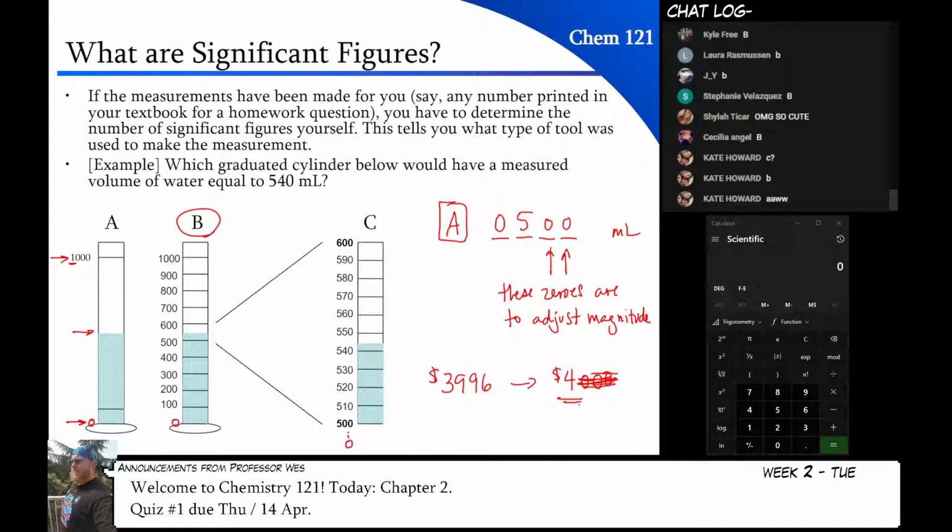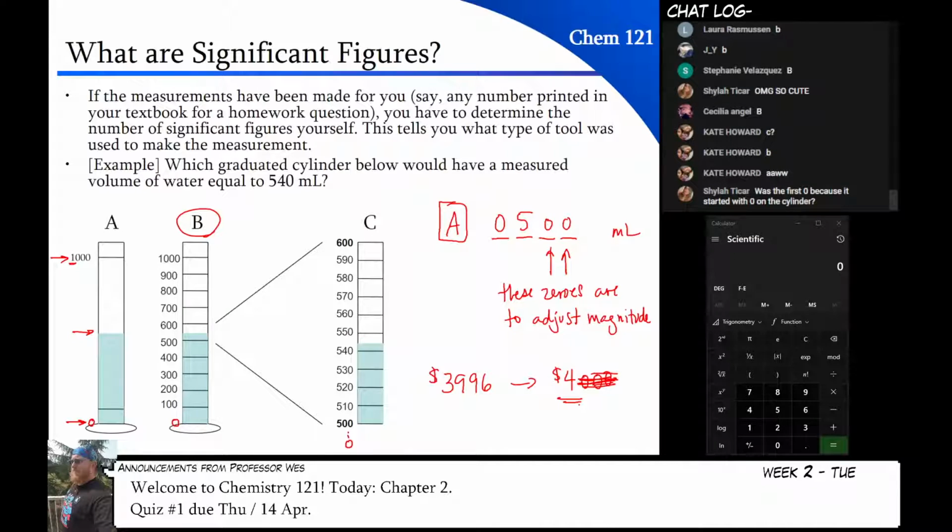You'd be like, you're full of bullshit. You owe me $3,996. You're not allowed to pay me 4, right? The zeros here adjust the magnitude of our answer so that it is the appropriate order to represent what we want. So these zeros are important, but we don't know their value.